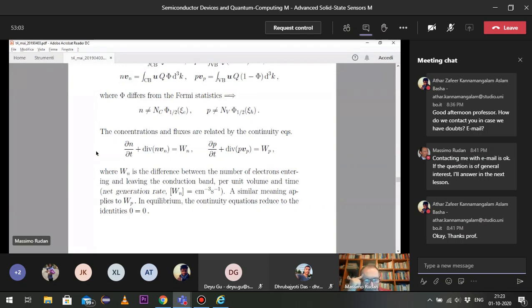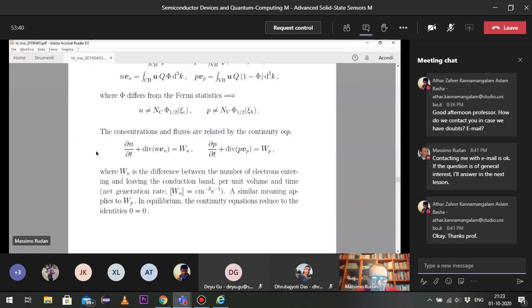So eventually the meaning of n is written in the page, and Wn is the difference between the number of electrons entering the conduction band and those leaving the conduction band per unit volume and time, because if you look at the units of the different terms, you find that Wn and Wp are numbers divided by volume divided by time.